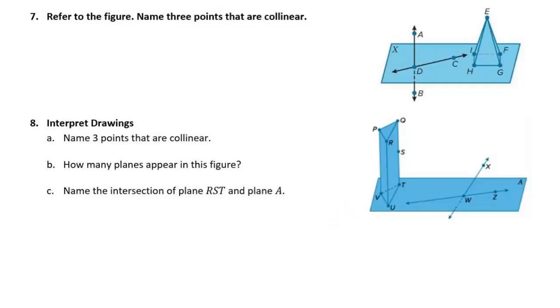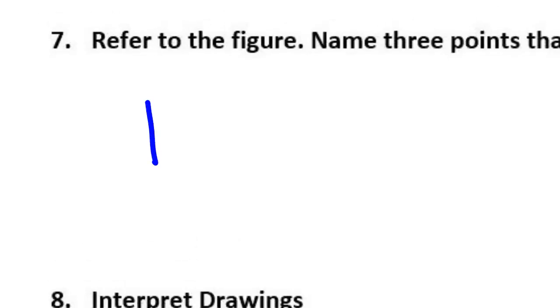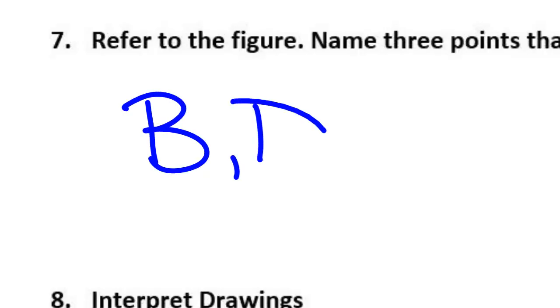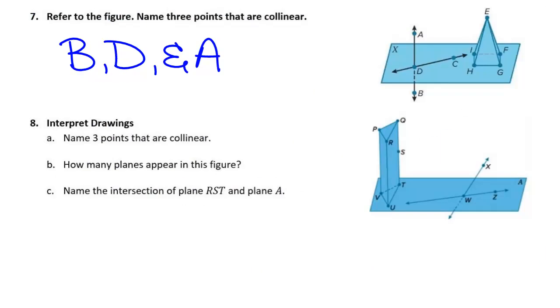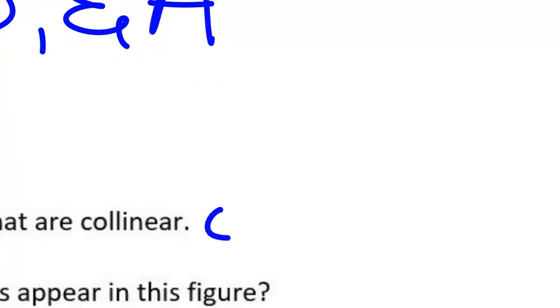B, D, and A. Nicely done. Looking at the picture below it, once again, I want 3 points that are collinear, and once again, that only happens at one spot in the picture. What are the 3 points in this bottom picture that are all collinear? Q, S, and T, yes.